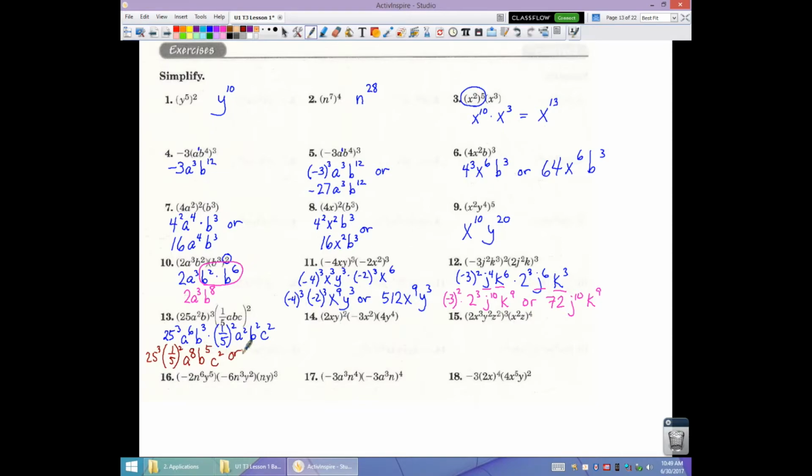Now, 25 to the 3rd is 15,625. 1 over 5 squared is 1/25. So when I multiply those, it simplifies to 625. A to the 8th, b to the 5th, c squared.